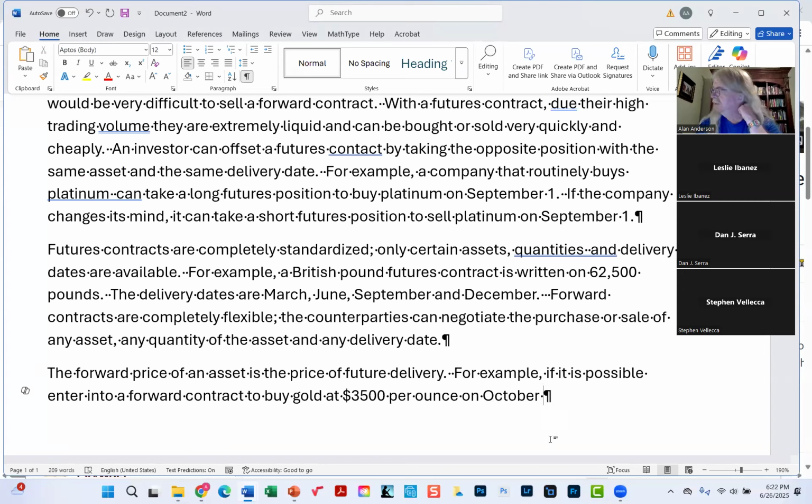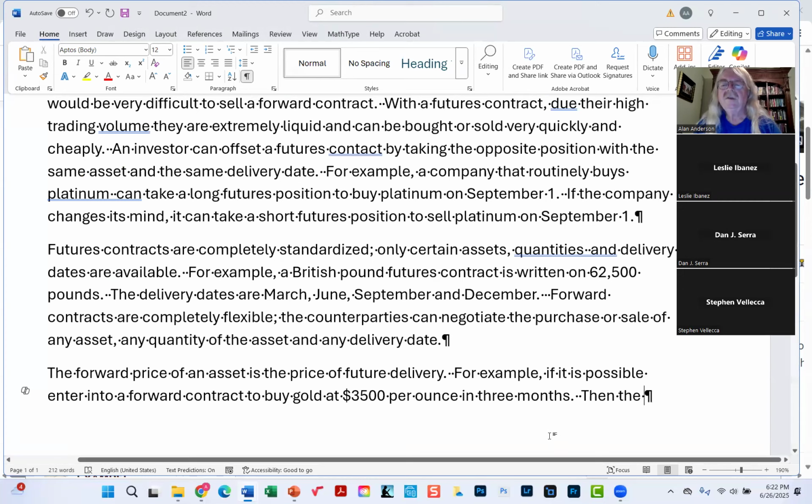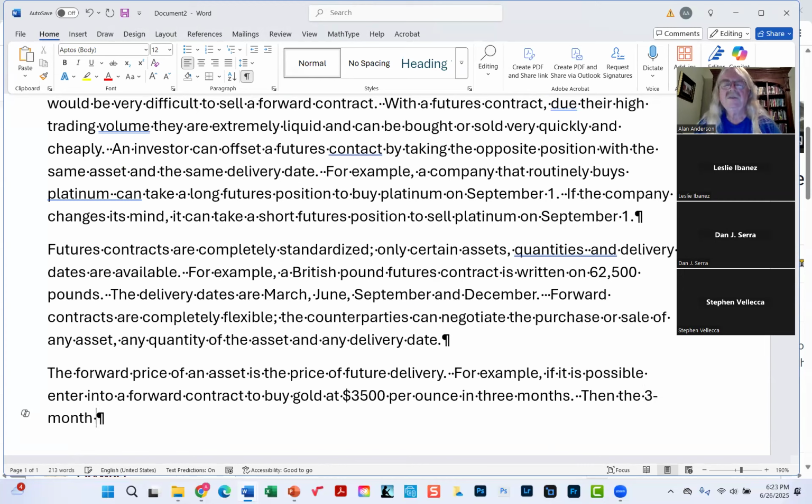Well, actually, it normally would be a fixed number of months in the future. It's usually 1, 3, 6, 12 months in the future, although anything is possible. But to keep it simple, let's say exactly 3 months from today. Then the 3-month forward price of gold is 3,500 per ounce.